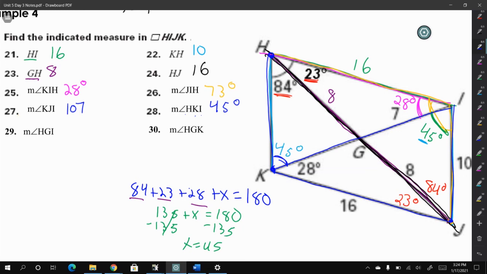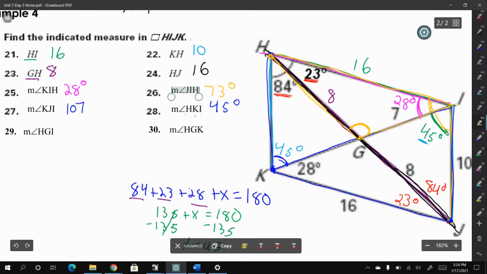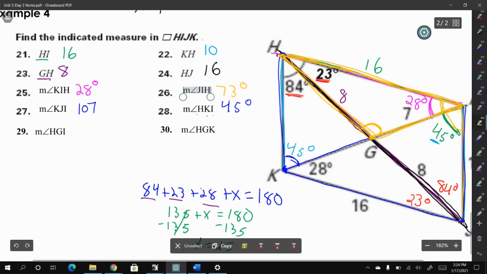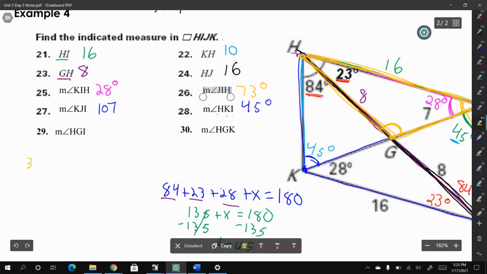The measure of angle HGI. So HGI is talking about this angle right here. Now, we don't know what that angle is. There's nothing there. But you see my triangle right here in yellow or orange. In this triangle, all the angles add up to 180. So one angle is 23. Another angle is 28. So we can add x to it and set it equal to 180.